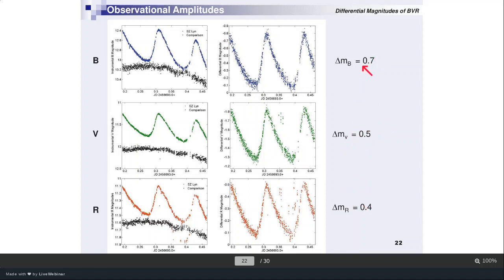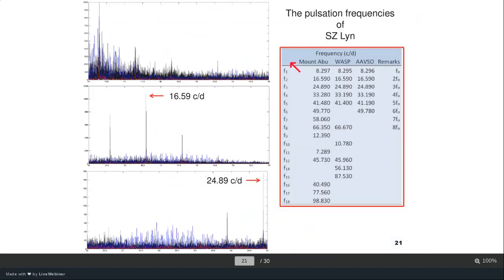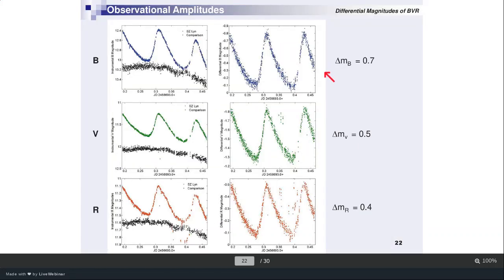If you look at the first frequency, 8.297, this is the main frequency. The amplitude of that frequency in the B band is 0.7, and in the R band is 0.4. So they are different. We have to determine these amplitudes later on.